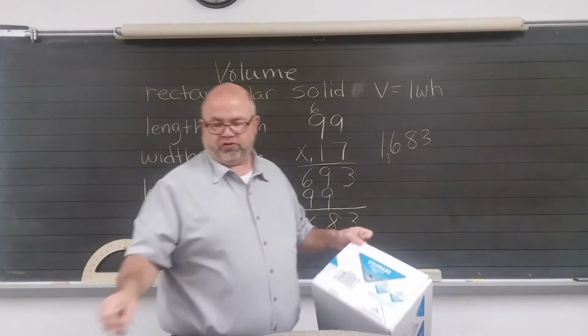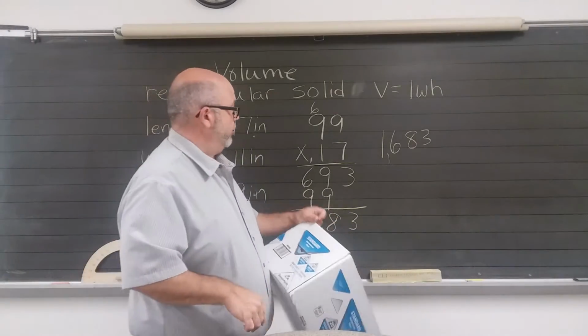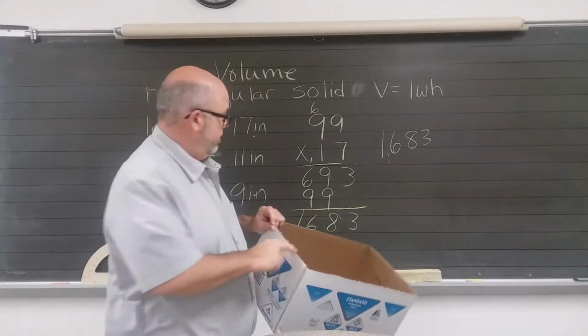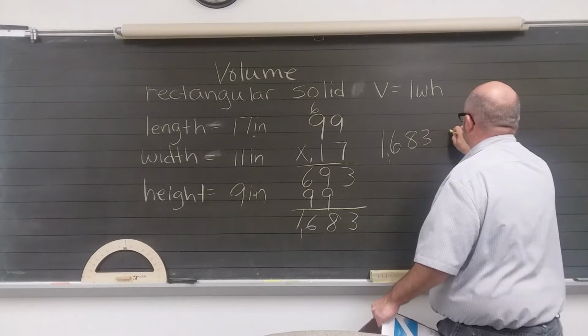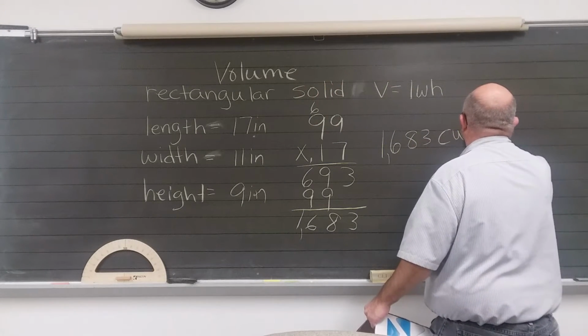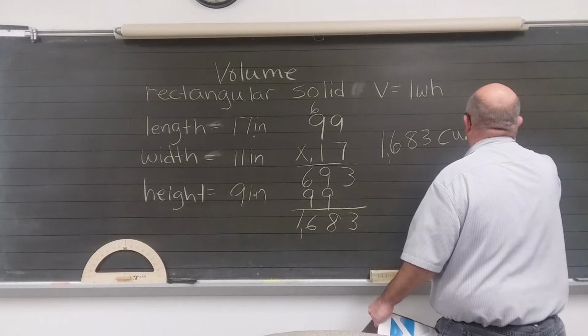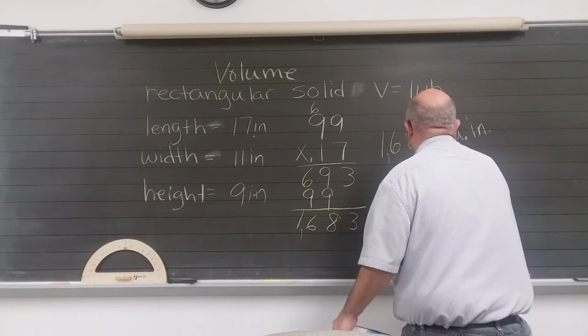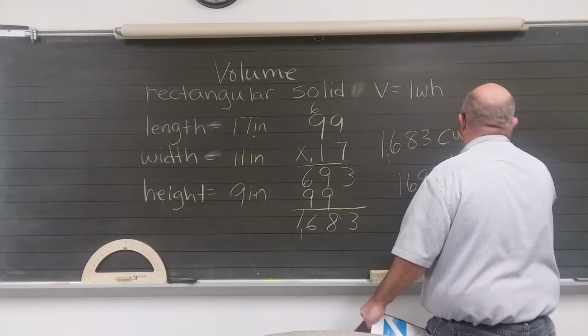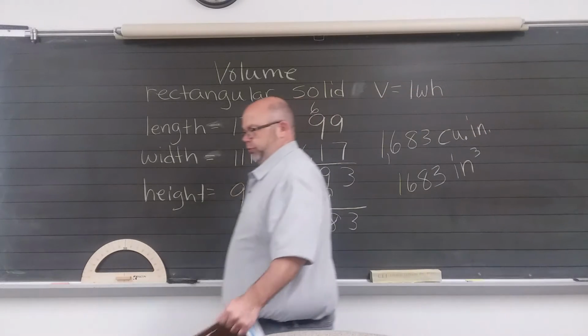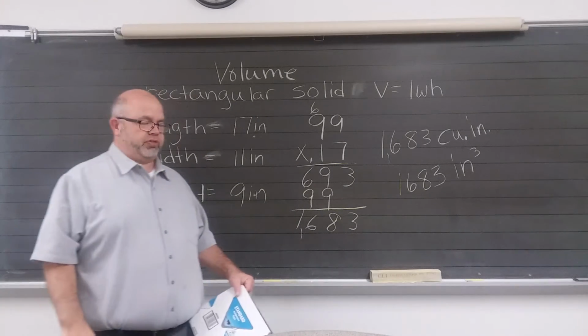What is the label for volume? For volume, you have three dimensions, your length, width, height. So you have cubic inches or inches with the little 3 exponent, which is the same thing.